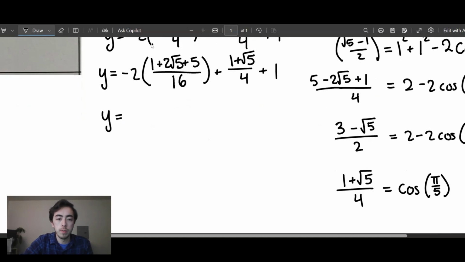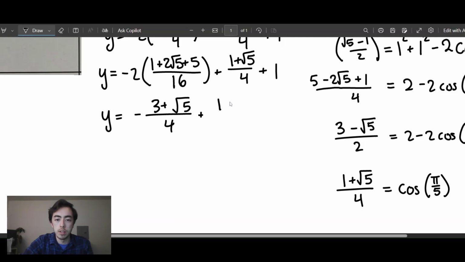So simplifying this part, I get a 6 plus 2 root 5 on top. And then this 2 and the 16 can cause an 8 on the bottom, and I still need this to be negative because of that negative sign. Now it looks like I could simplify this a little bit further. That's a 3, and then I can get a 4 on the bottom, and then that 2 can go away in front of the 5.